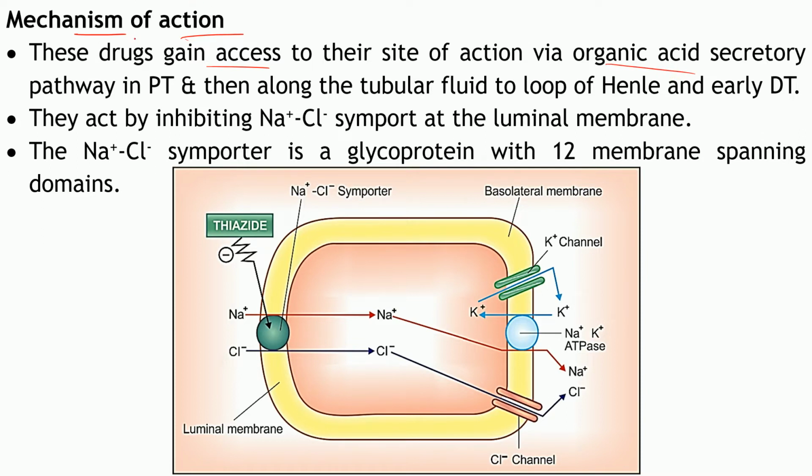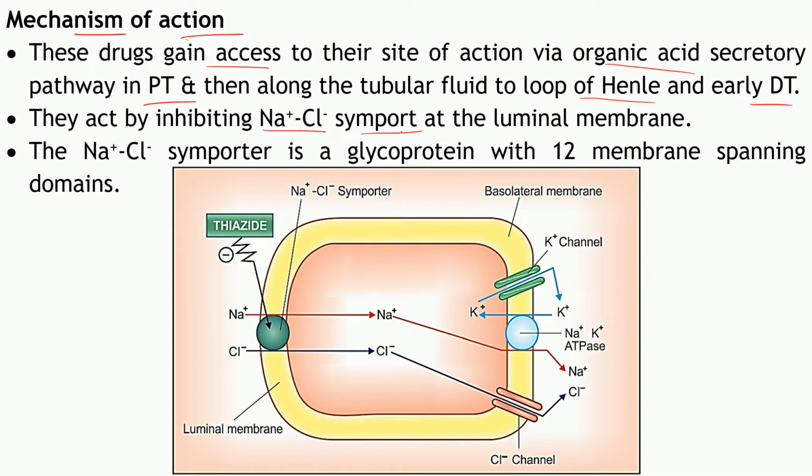So it is in the proximal tubules where they are secreted, and then they travel along the loop of Henle, and then reach the later parts, the cortical diluting segment of loop of Henle and the early distal tubules, where exactly it acts on the transporter called the sodium chloride symport.